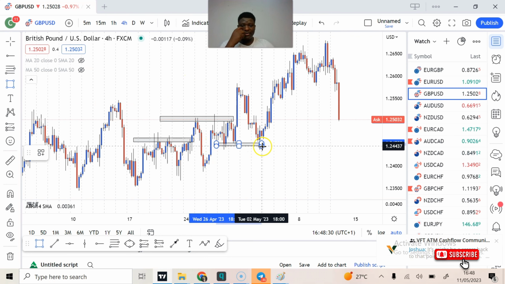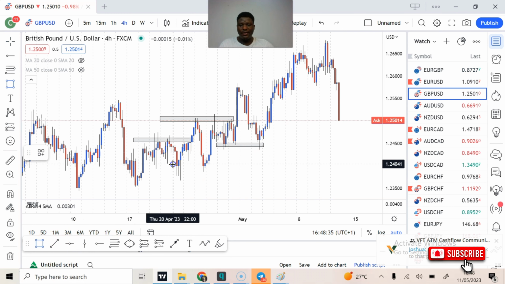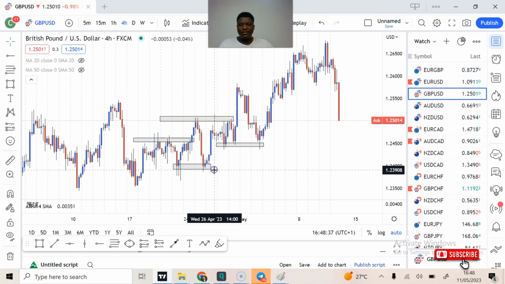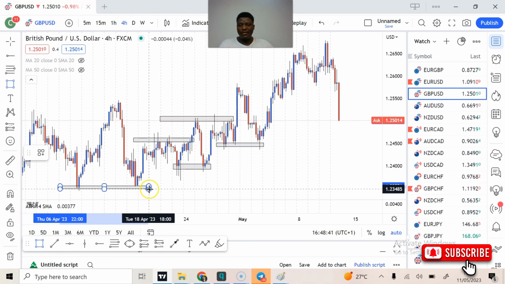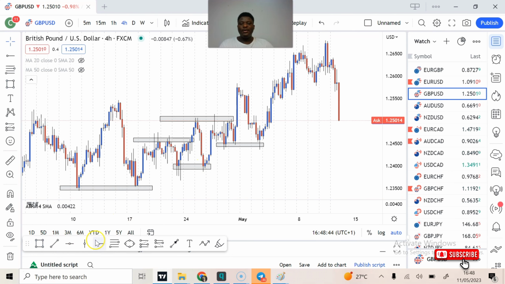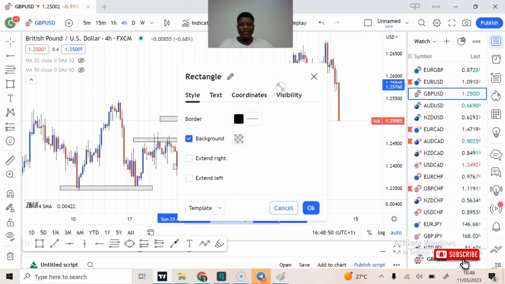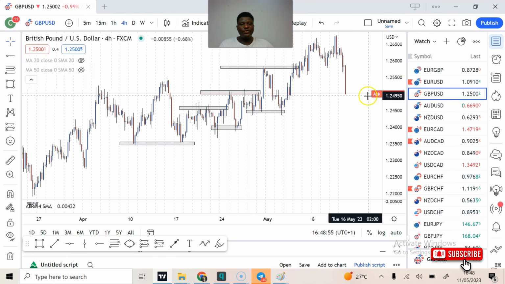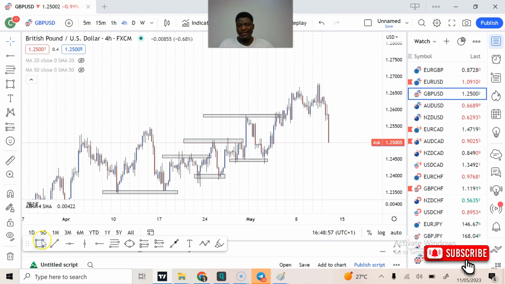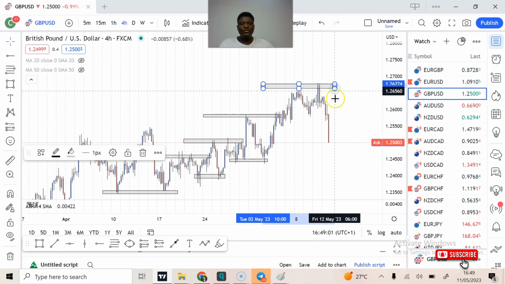Okay, draw this as a support here, then draw another one here, then they draw another support here, and if I want to go a little bit further, we can say probably they'll draw another one here. This is how the average forex trader actually draws his support and resistance, and I'll tell you what the problem with this approach is.